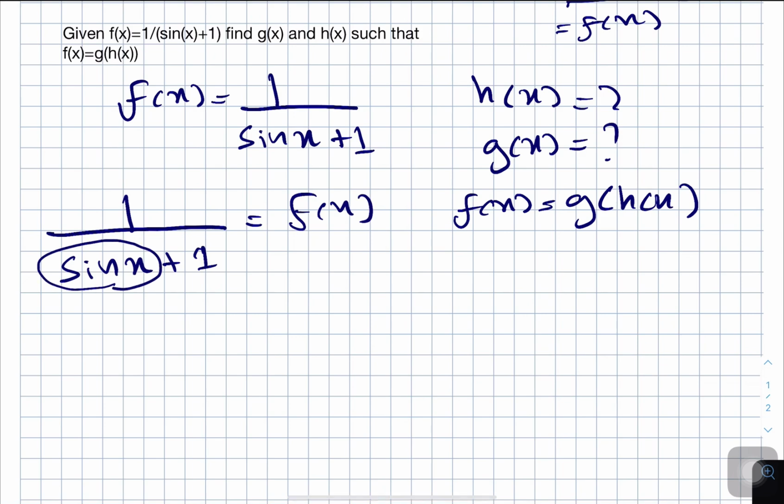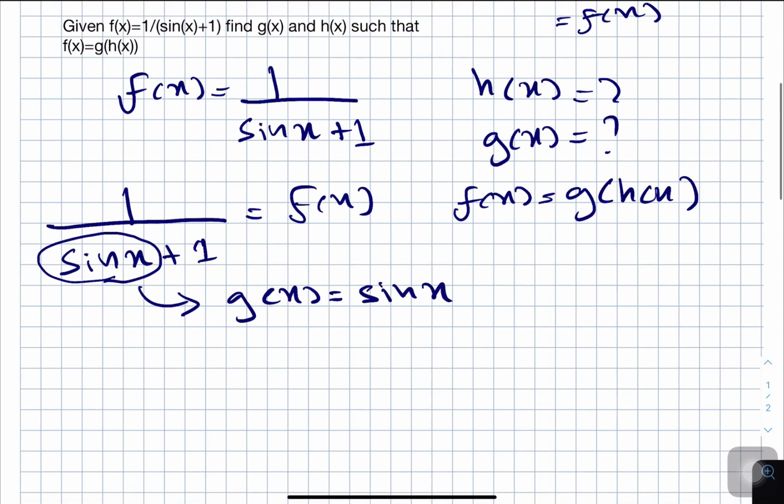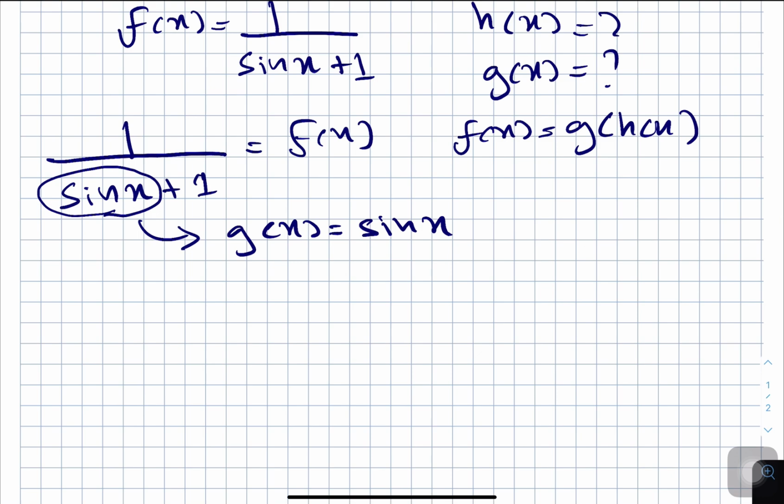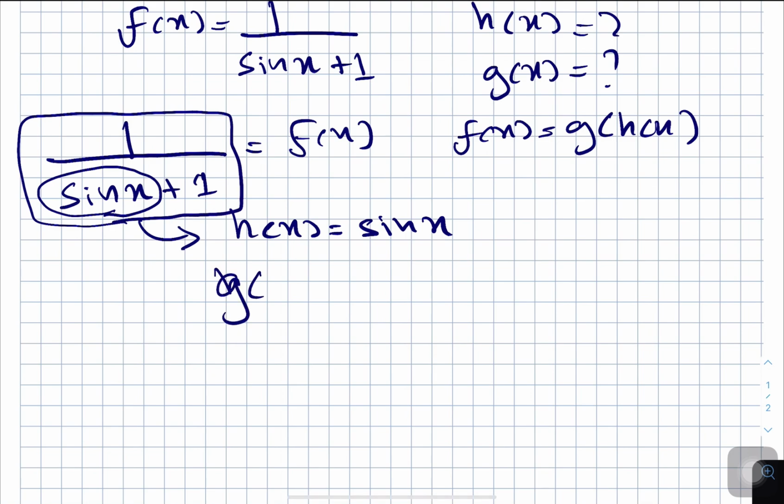Maybe I can break this down and say that we have a function g of x which is equal to sine of x, and then actually sorry, this would be h of x, and then we have another function which we can treat as a whole, g of x is equal to 1 over x plus 1.